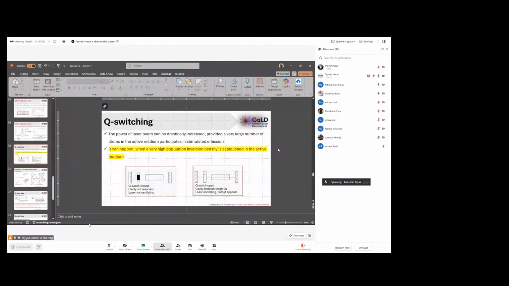For example, the time of these transitions in the gain medium has to be compared with the Q switching time. Yes, somehow you are right, because we cannot have Q switching for all kinds of lasers, all kinds of gain medium.